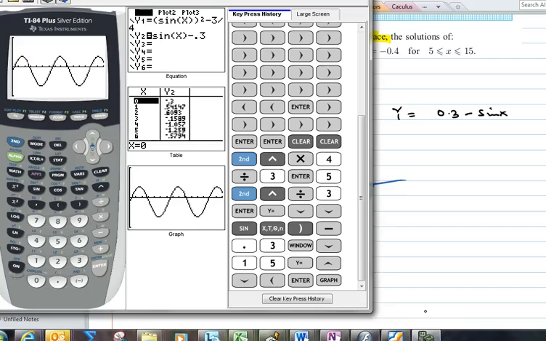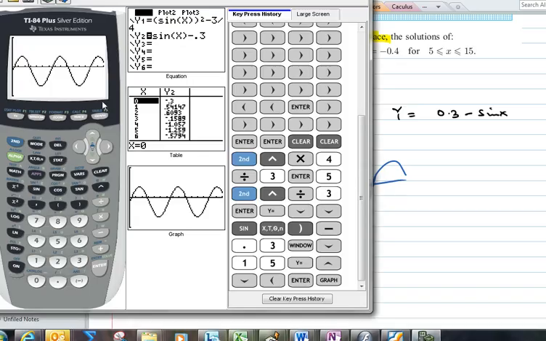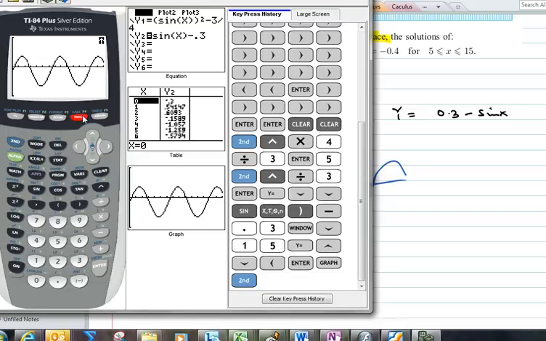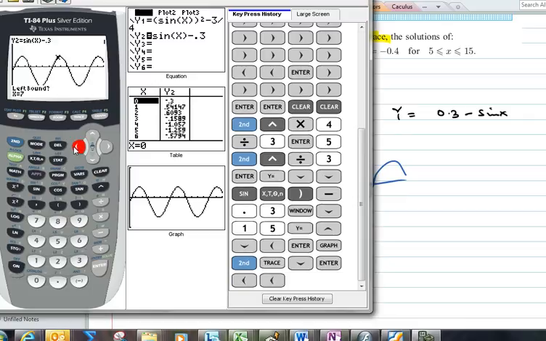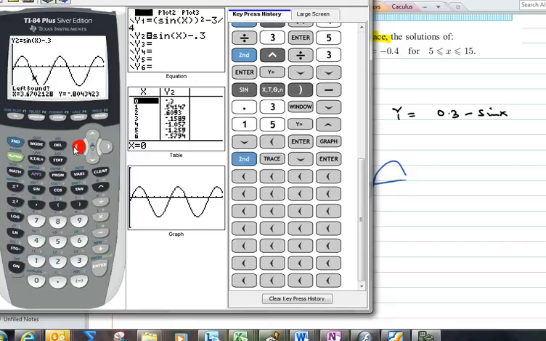Is that the end of it? No, it needs to come back there. And then from that I would now go ahead and find the zeros. I want to find the first zero, which is closest to the y-axis.